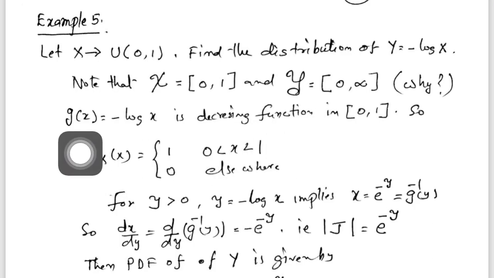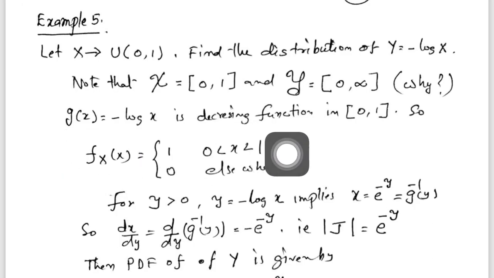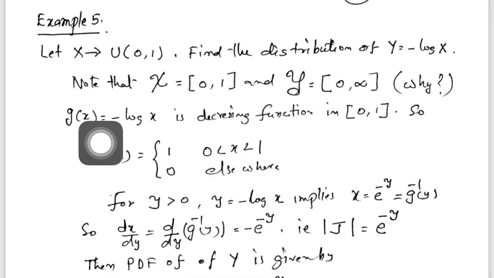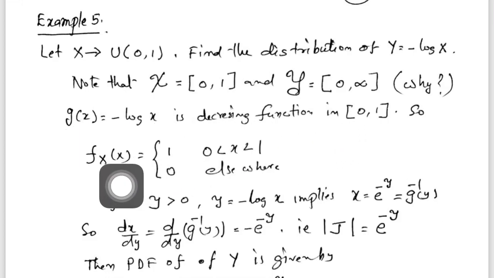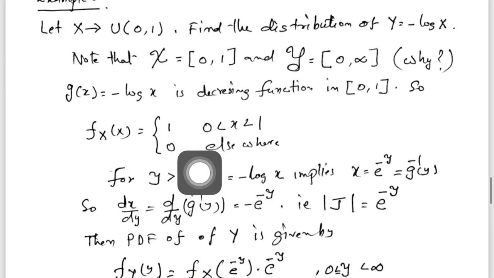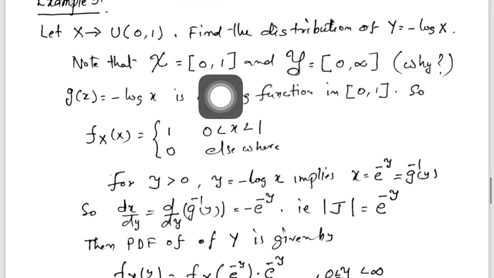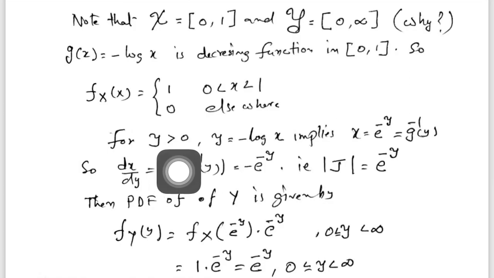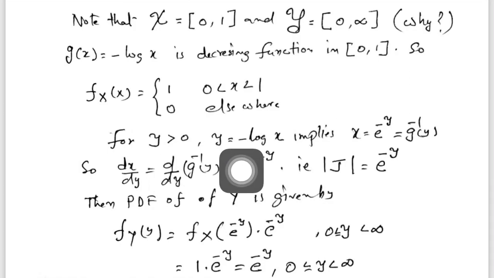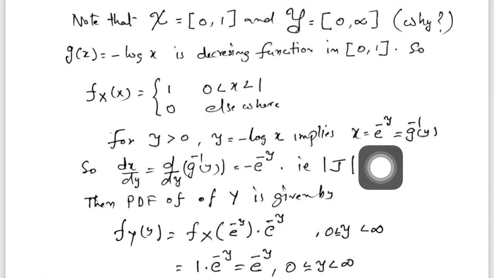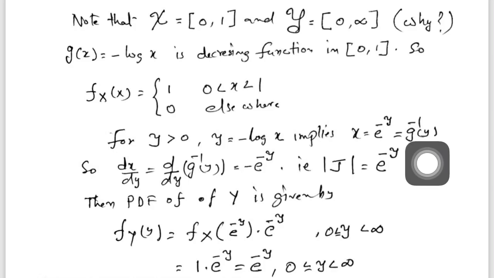Then you see, this is a decreasing function, and fx equals 1 because it is uniform. For y greater than 0, y is equal to minus log x implies x is equal to e to the power of minus y, that is g inverse y.